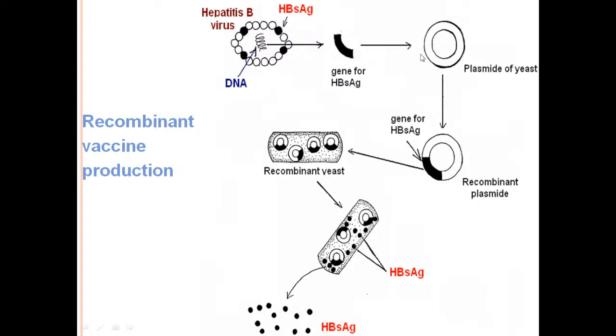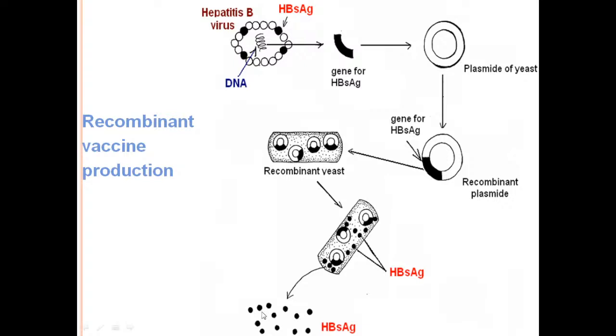This gene is inserted into a plasmid of yeast. Plasmid, you remember, is circular DNA, and then it's inserted into yeast. Yeasts are microorganisms, fungal cells, that are not harmful. And when a yeast cell gets the new gene with plasmids, it produces HBs antigen.